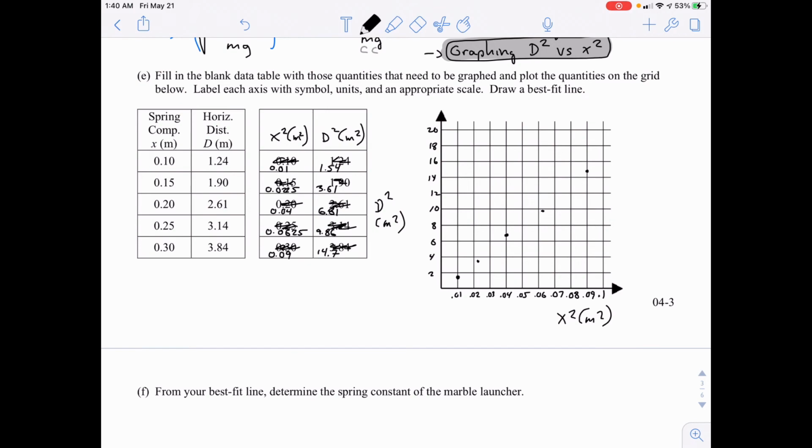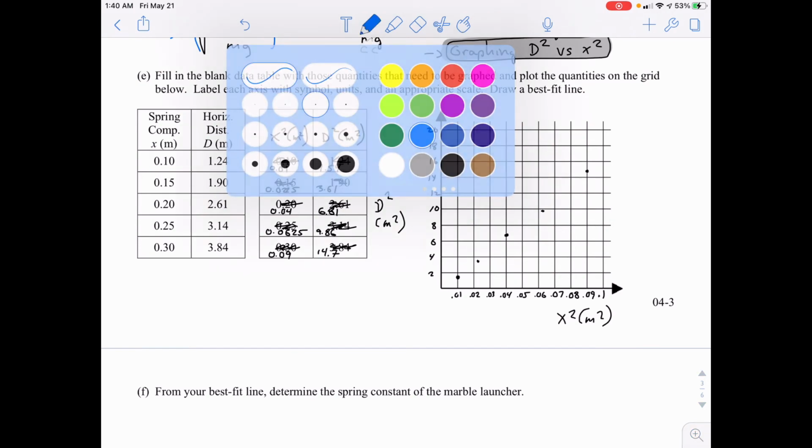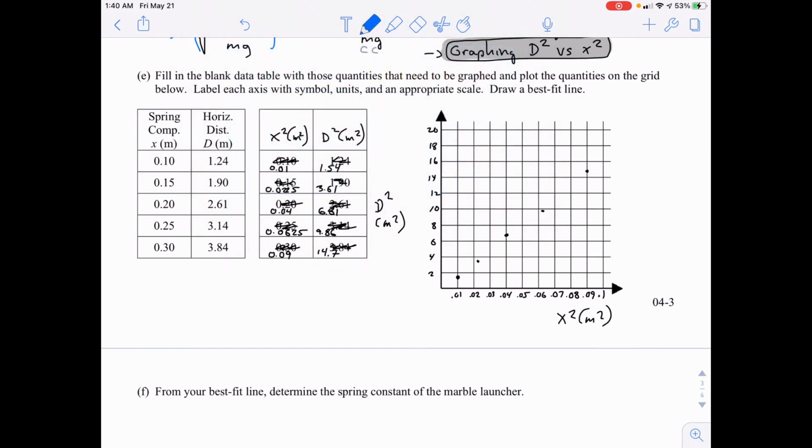What we're now going to do is draw a best fit line through those data points, and we're going to find the slope of that best fit line as best we can. Okay. Now your line doesn't have to go through 0, 0.